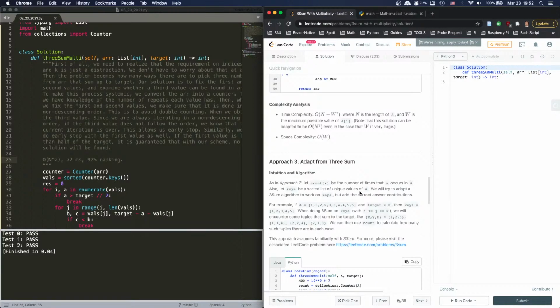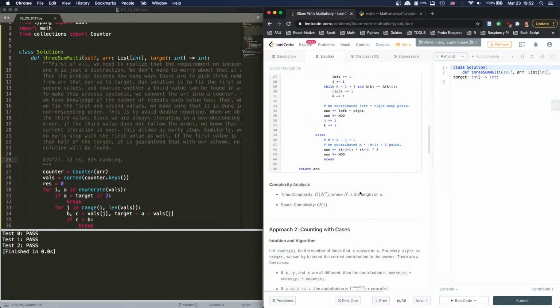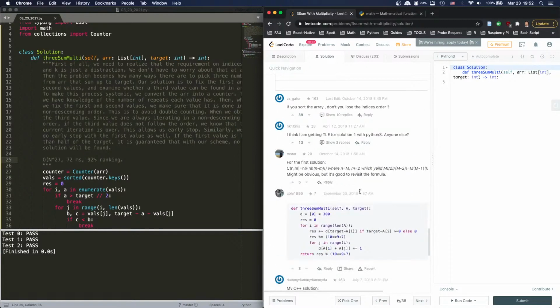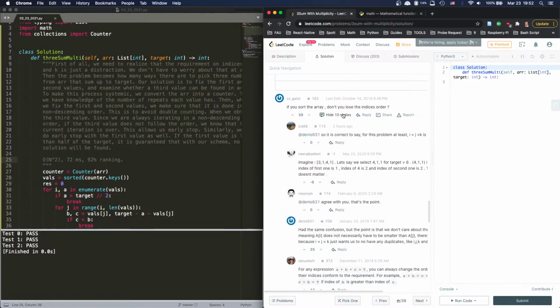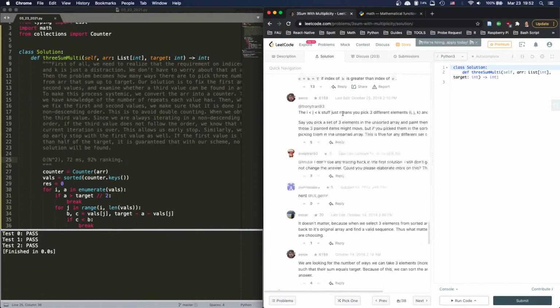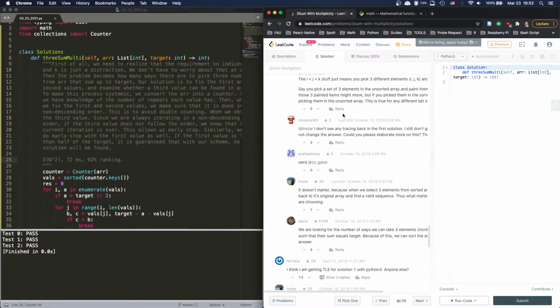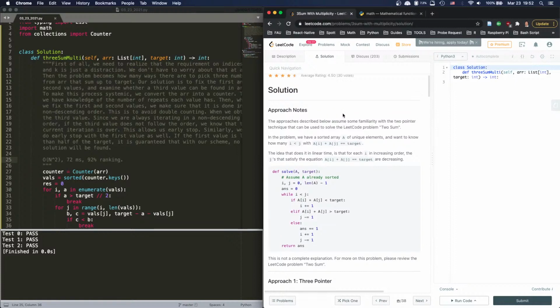We have 3 different solutions. We'll take a look at all of them. The people asking, the indices doesn't matter. Yeah, indices doesn't matter.